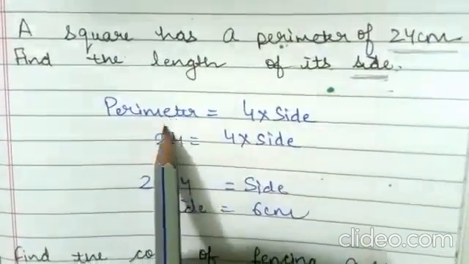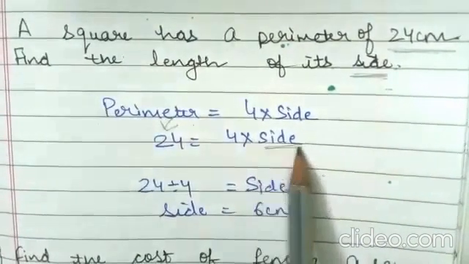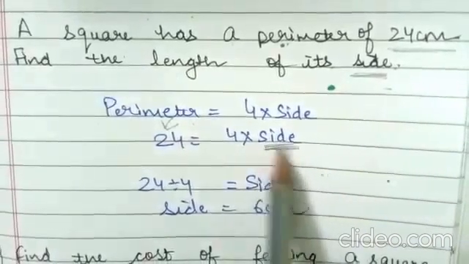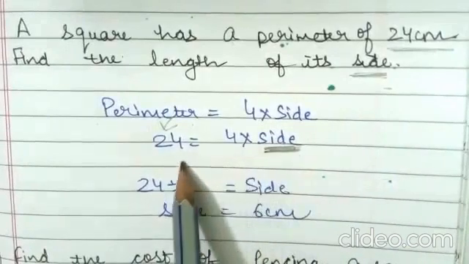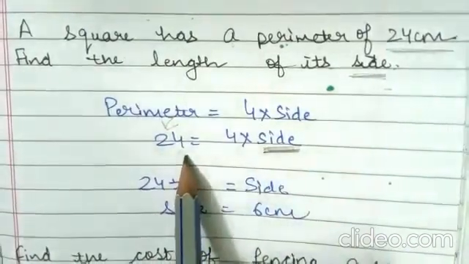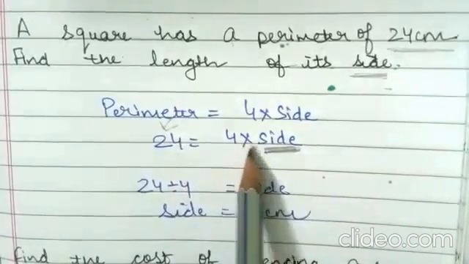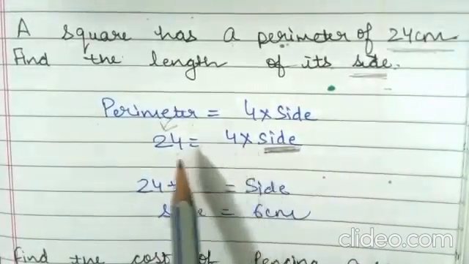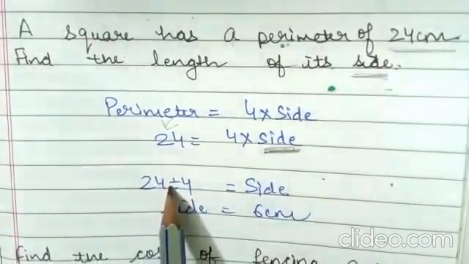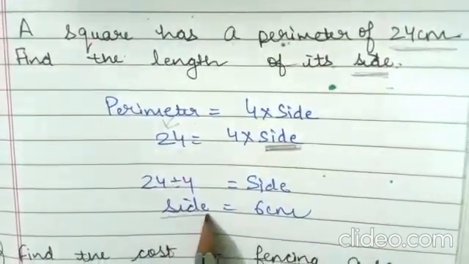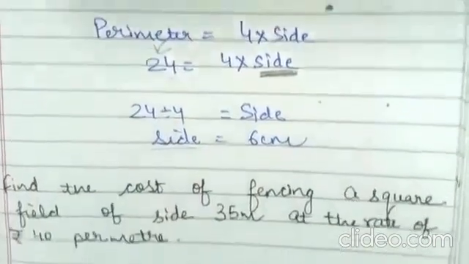Now the perimeter is 24. We have to find what? Side. So what we will do? We will shift 4 to the left hand side. Now it is getting multiplied here. When it is shifted, it gets divided. So the side we got is 6 centimeter. Clear?